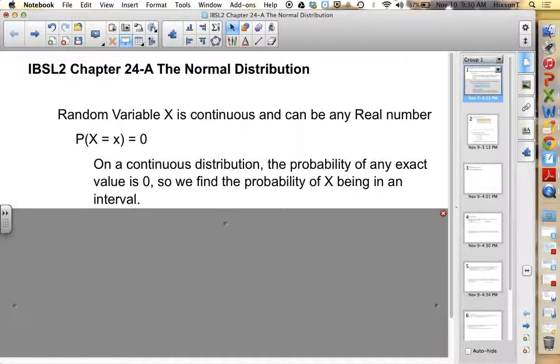Okay? If you have a thermometer and it measures to the 10th of a degree, okay? If it's 78.4 degrees, all that tells us is it's somewhere bigger than 77.5 and smaller than 78.5. We have a range, so the likelihood of getting any exact value is 0.